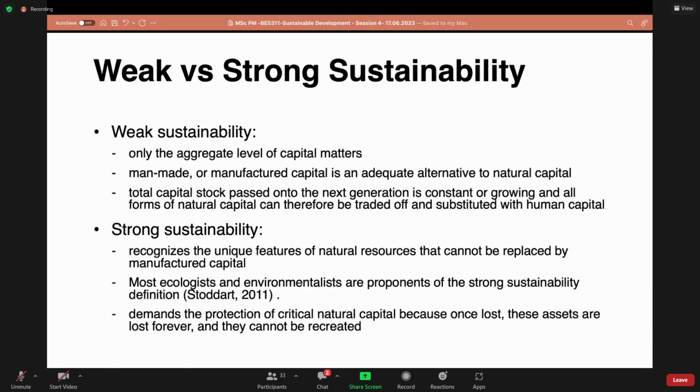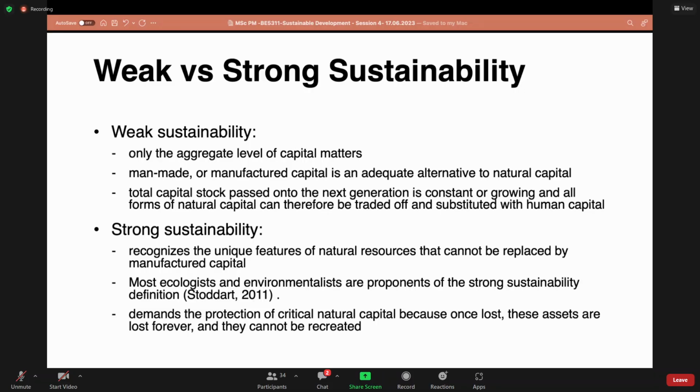The difference is in weak sustainability, you're only saying that the total level of overall capital matters. So whatever the man-made or manufactured capital, you can use as a substitute or alternative to the natural capital, the natural ecological resources that you use up in producing those things.